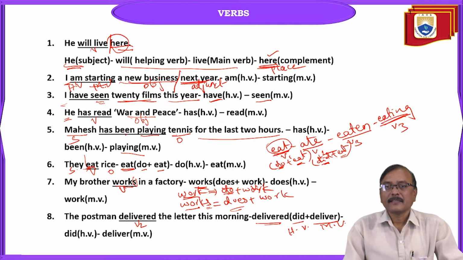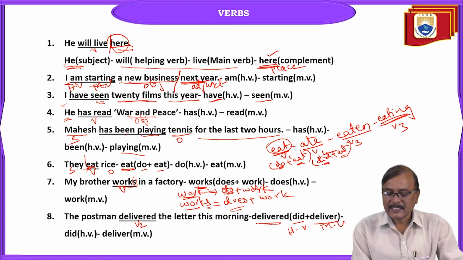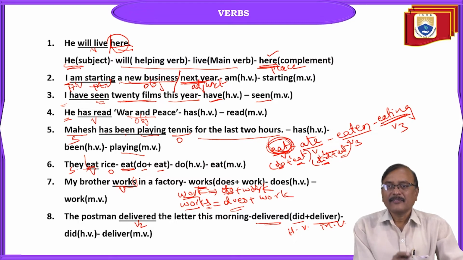For regular actions and future actions, we use the present form only. For regular actions, we use the present form. For future actions, the present form is preceded by modal auxiliaries like will, shall, can.